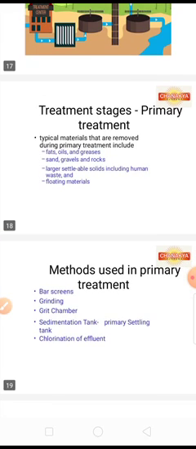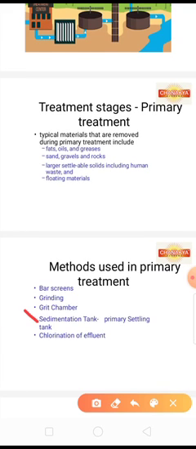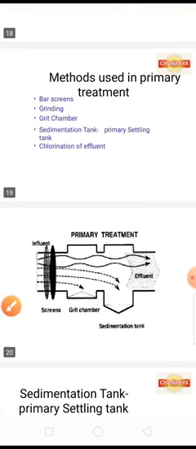The methods we use are bar screening, grinders, grit chambers, sedimentation tanks, and chlorinating. Basically, the sedimentation tank is very important. We sediment it, then we chlorinate it. Grinding we will do. These are the methods which will be used.